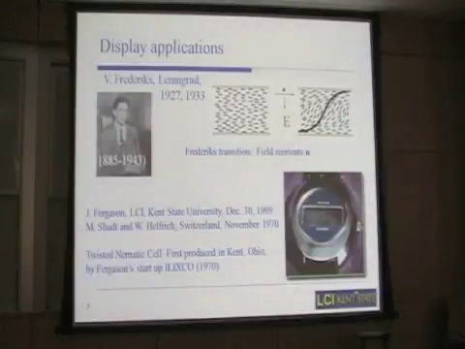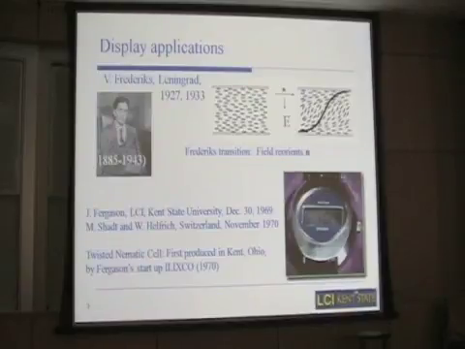So as I said, the claim to fame for these materials is display applications. Some 80 years ago, Frederiks in the former Soviet Union discovered the famous effect, the so-called Frederiks effect, that when you apply electric or magnetic field to the aligned slab of the liquid crystal, the molecules reorient because of the diamagnetic or dielectric anisotropy.